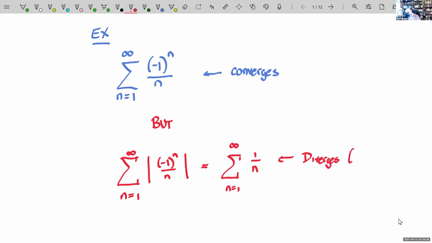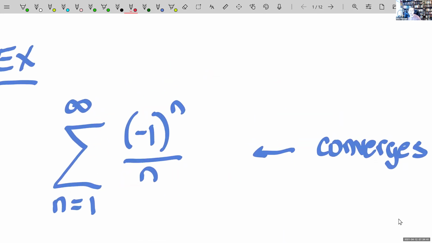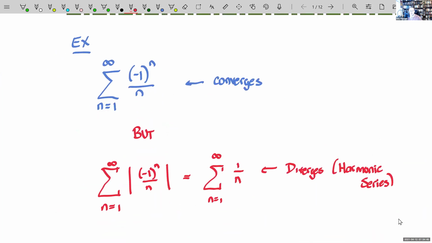That was the first series that we proved diverges. So notice that our original series converges, but when you sum up the absolute value of its terms, that series diverges.